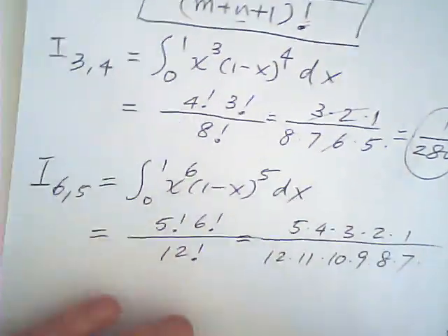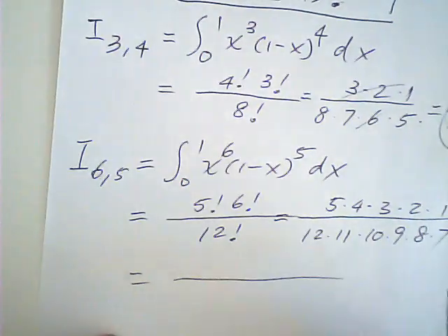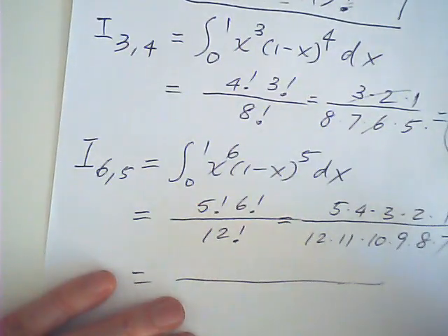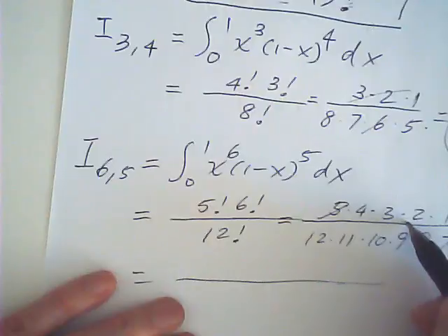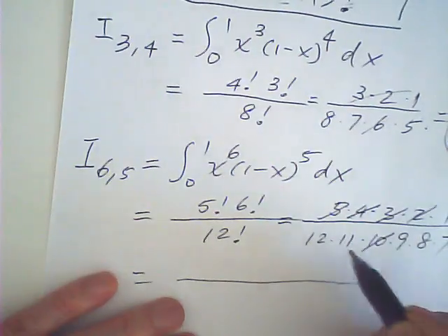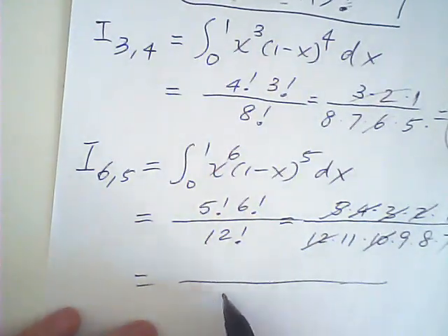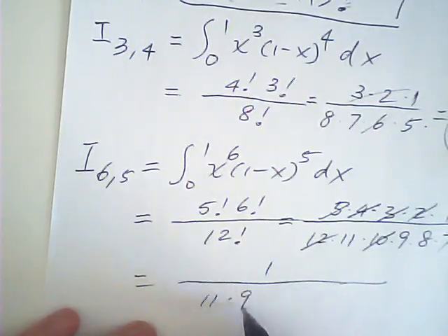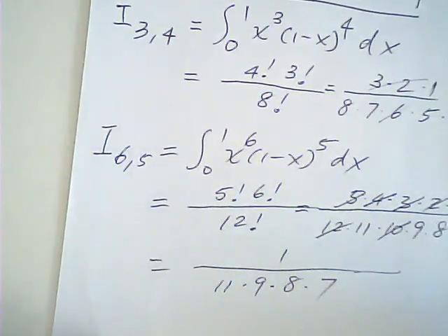This one times this one cancels with that one, and this one times this one cancels with this one. So it's 1 over 11 times 8 times 9 times 7.